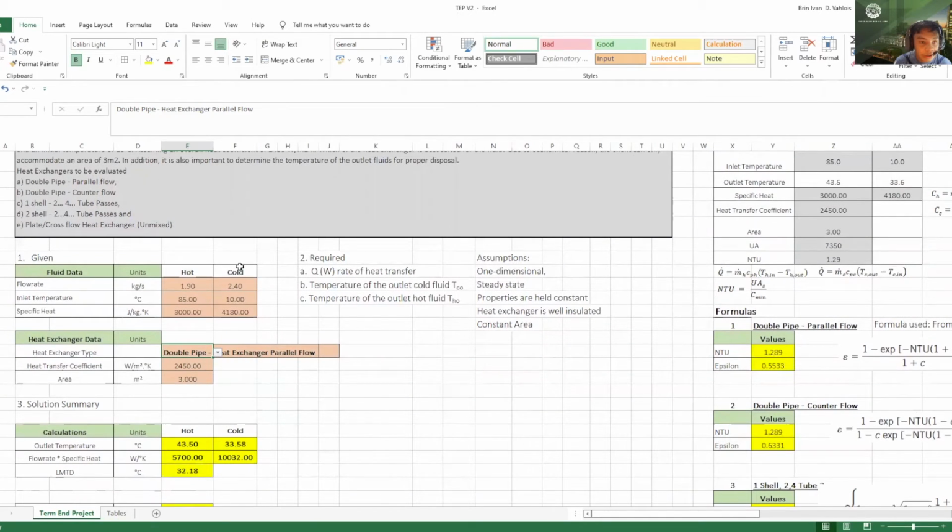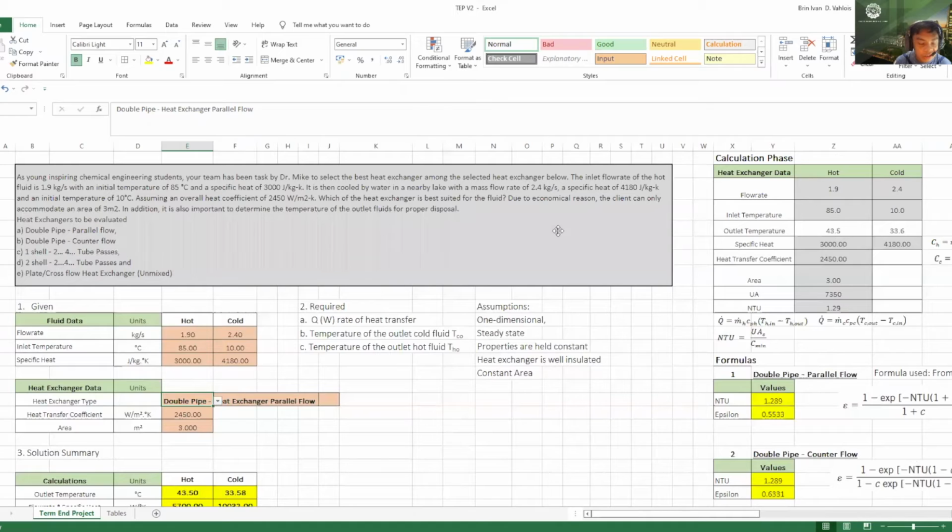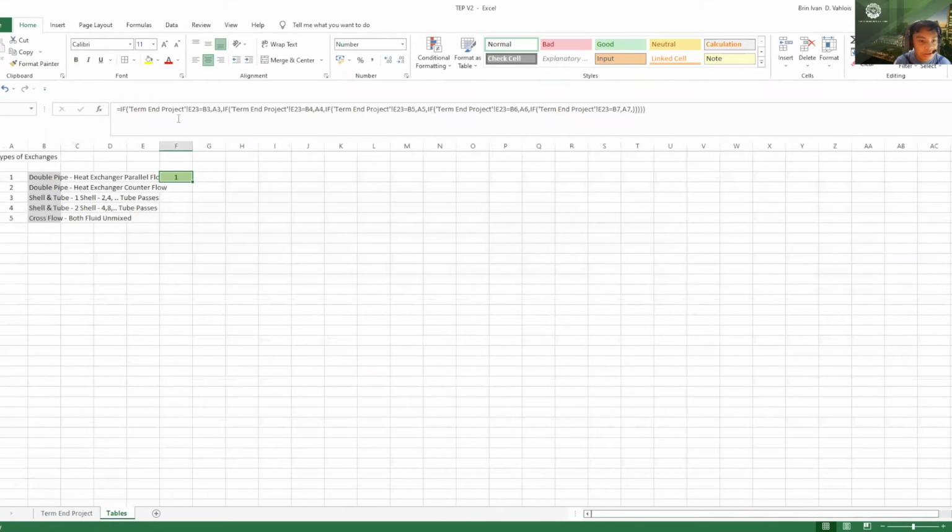The Excel is computed mostly by if conditions. From the tables here, you can see: one, double pipe parallel flow; two, counter flow; three, shell and tube; four, shell and tube; and five, cross flow.